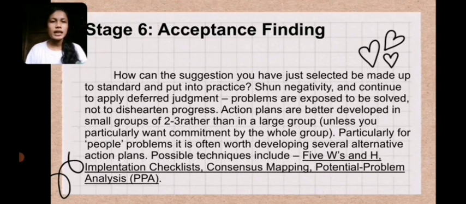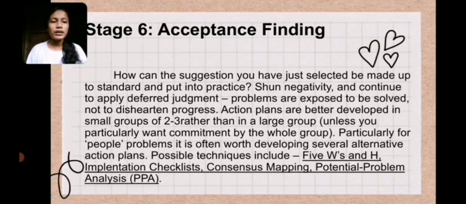stage 6, the acceptance finding. So, how can these suggestions you have just selected be made up to standard and put into practice? Shun negativity and continue to apply deferred judgment. Problems are exposed to be solved, not to dishearten progress.